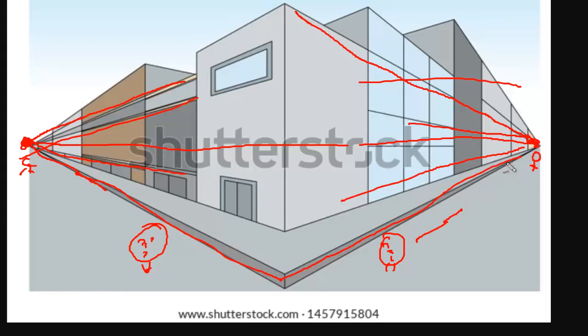This is how our vision is. At one certain point that person will look like a dot. So that's the vanishing point. After that, the rays actually meet there and they vanish. That's why we call it a vanishing point, because after that we can't see anything, as it's just a point.